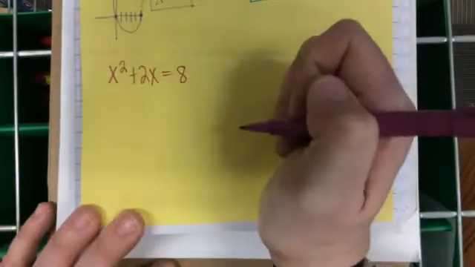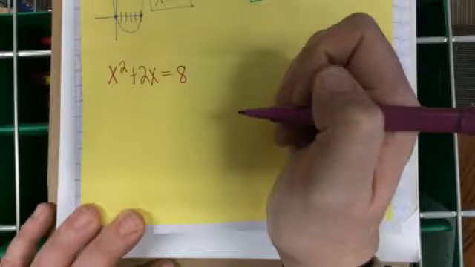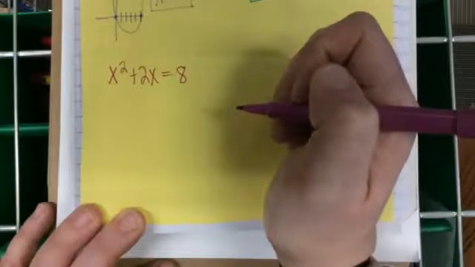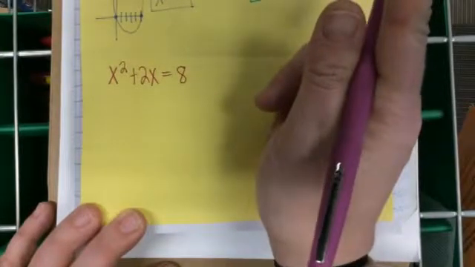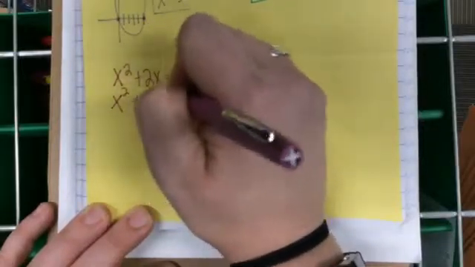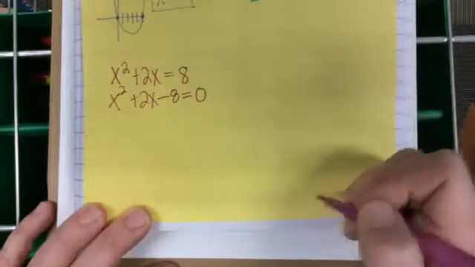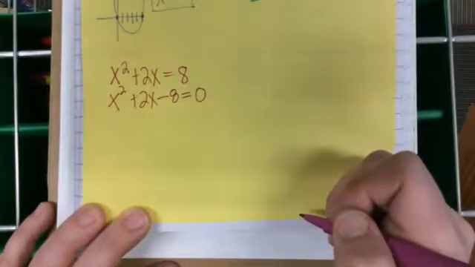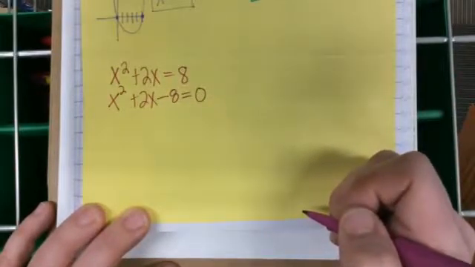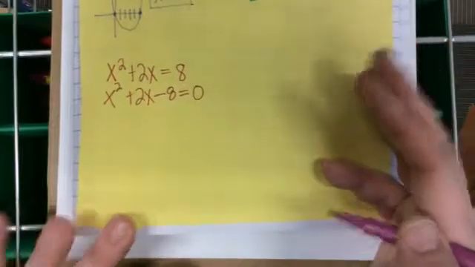Well, there's a problem. It's step number 1. This problem does not equal 0, but can you make it equal 0? Yes. So x squared plus 2x minus 8 equals 0.